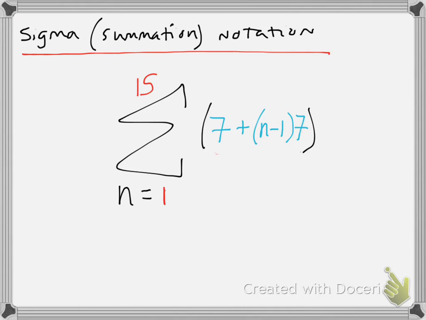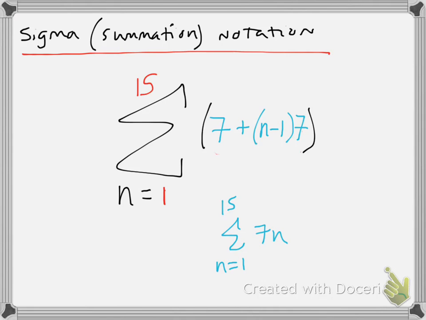A lot of times your answer will be more simplified, and so you may see it like this. You can distribute that in there and get 7n minus 7, and when you simplify that, 7n minus 7 plus 7, you'll just get 7n.